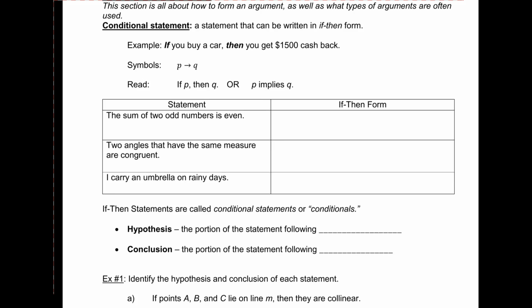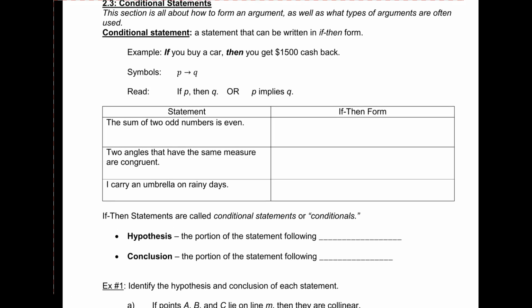2.3 is conditional statements. This section is all about how to form an argument, as well as what types of arguments are often used. We talked about logic, which is the rules. Now we're going to talk about statements. For an argument, like, if the weatherman says the chance of rain is higher than 70, then I will bring my umbrella.